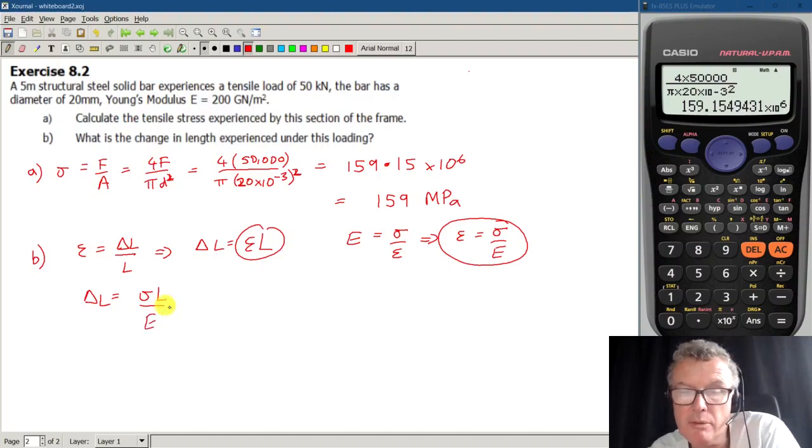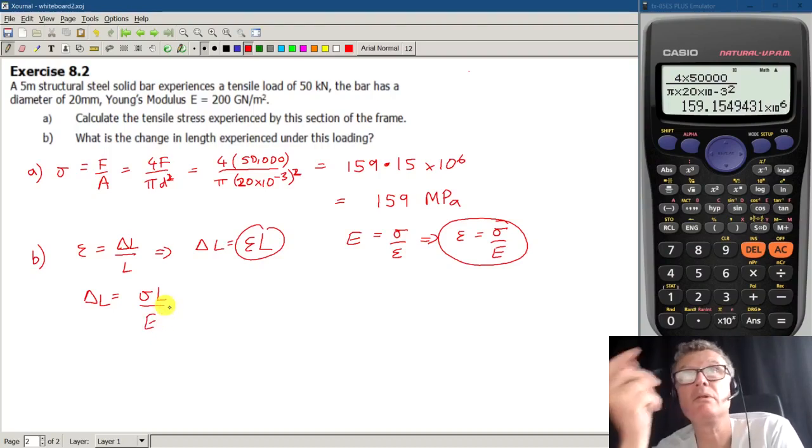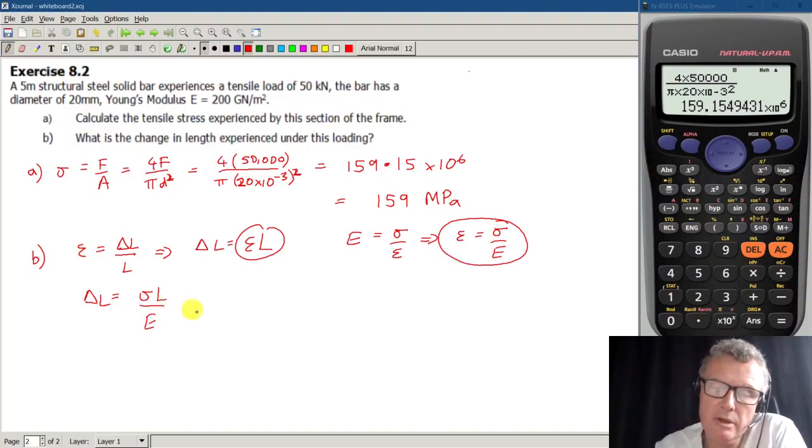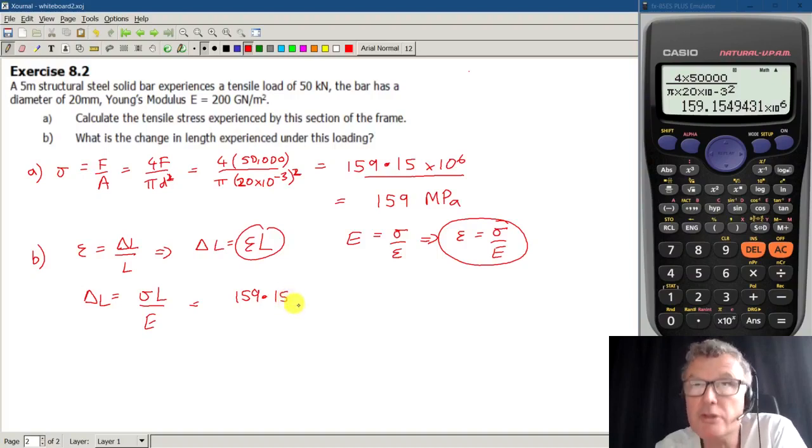So now I've got a formula where I can put my numbers in from the question and then put this straight into the calculator. So the stress we've already found. We want to use the more accurate number, so 159.15. On the whole, for workings, keep something like 5 sig fig, and give answers to 3 sig fig, which is usually fine in an engineering calculation.